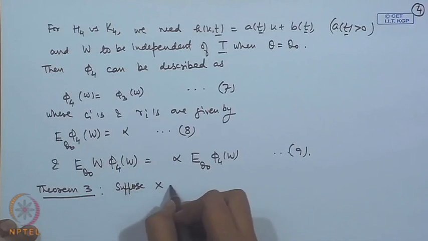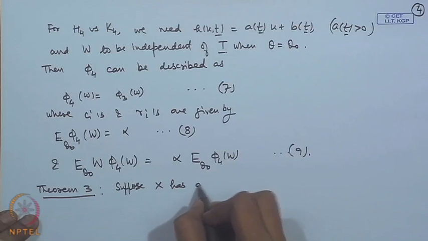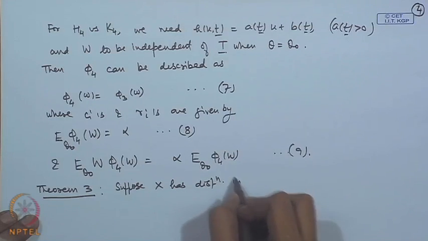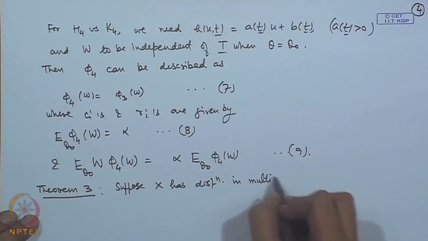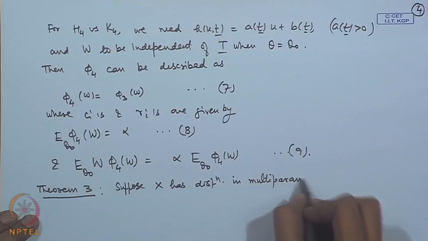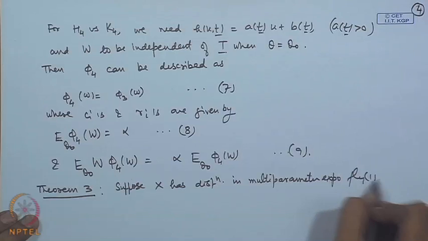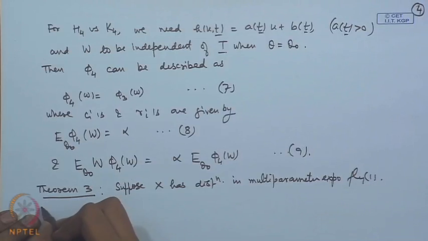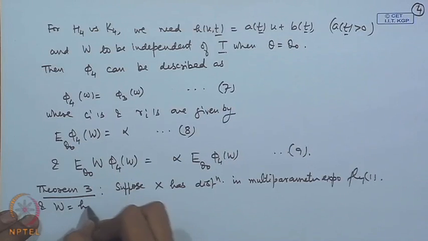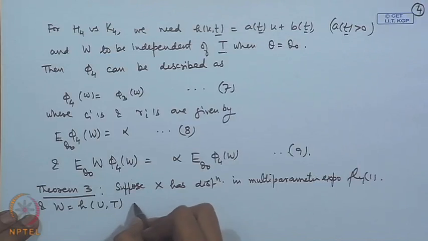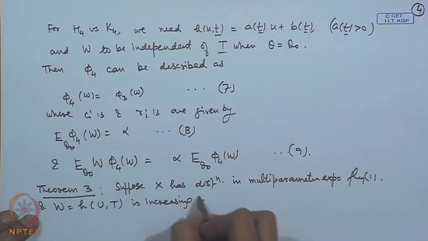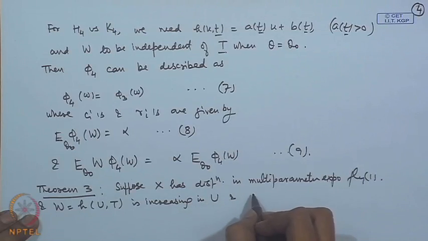Suppose x has distribution in multi-parameter exponential family and w is equal to h of u t is increasing in u.